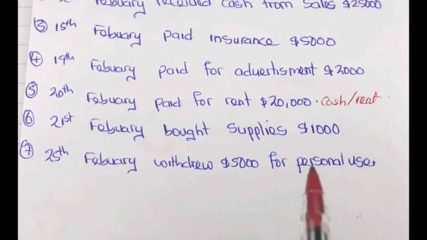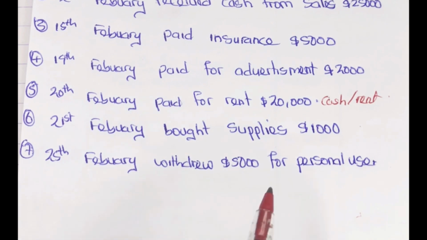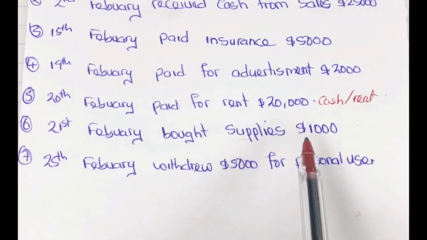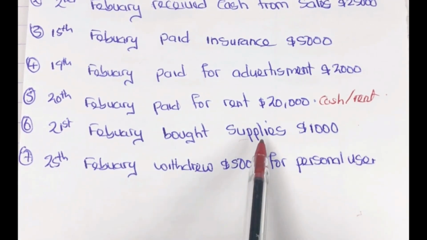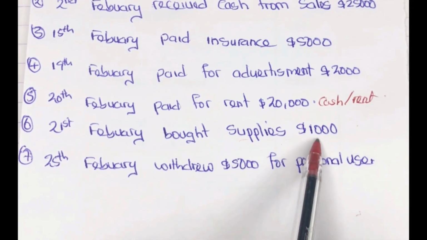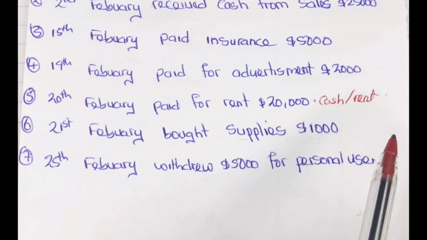So we have the purchase account and the cash account, or you can put the supplies account and the cash account. So here we debit supply with $1,000 and we credit cash with $1,000.